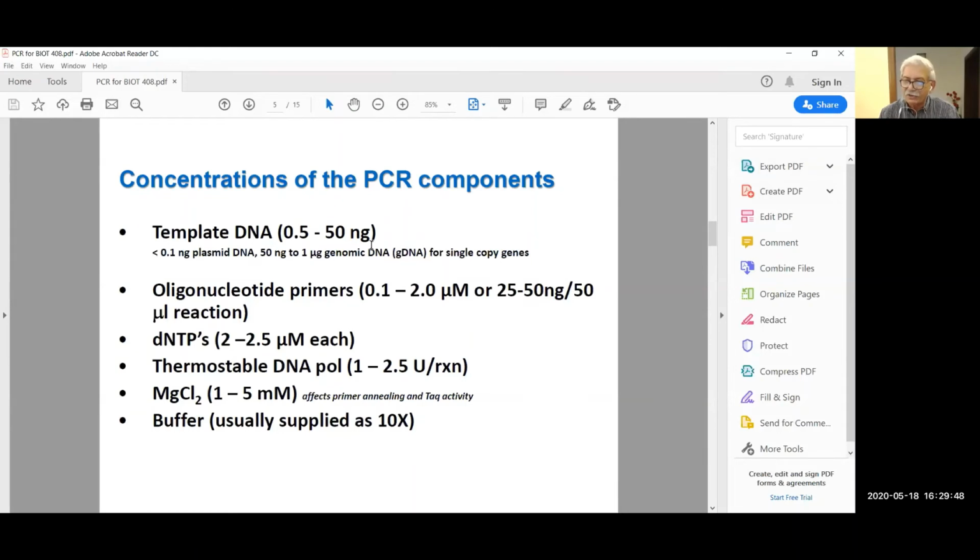Don't use 1 microliter directly from a plasmid preparation. It is too much template. Why waste that? Make a dilution 1 to 20 or 1 to 50 and use just 1 microliter from there. You have millions of copies in your purified preparation. If you make a 50 times dilution, you are still getting a lot of templates.